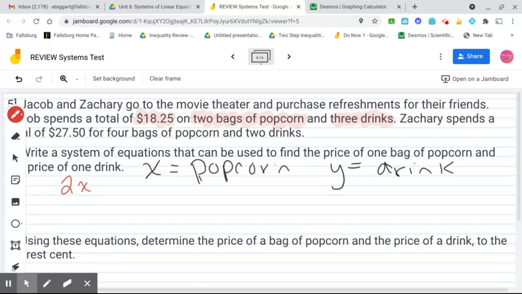And when you're spending a total, that means we're going to add 3 drinks to that. So 3 times the price of the drink, which we don't know, but we know that Y represents drinks. So 2 bags of popcorn is 2X, 3 drinks is 3Y, and that's going to be equal to our $18.25.